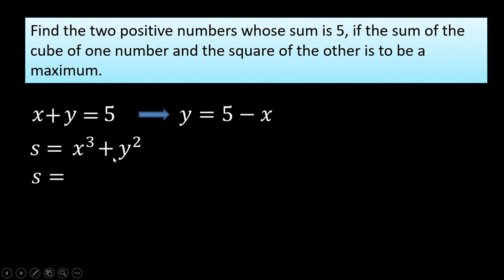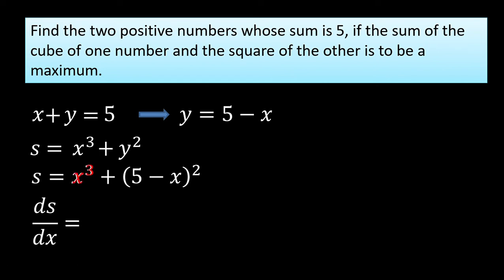This becomes x cubed plus the quantity of 5 minus x squared. I'll take the derivative of the equation with respect to x, that is dS over dx. The derivative of x cubed is 3x squared, and then I apply the chain rule here: 2 times 5 minus x times negative 1.